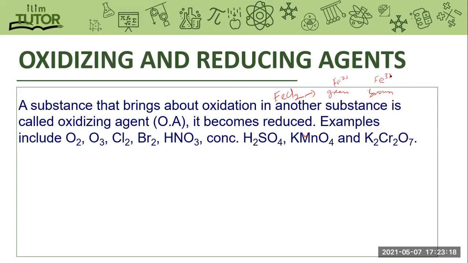So we can use this one to test for an oxidizing agent. All right. We can also use potassium iodide, where you expect that this basic reaction here is what is happening there.